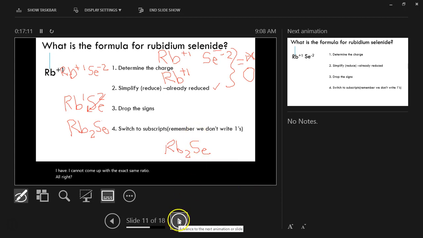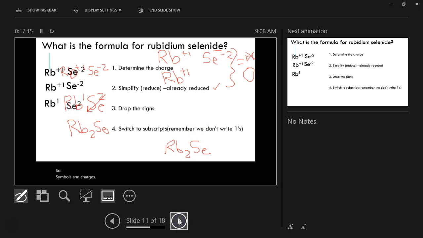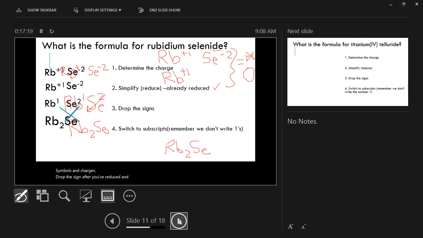So symbols and charges, drop the sign after you've reduced, and switch to subscripts. Mind you, there are other teachers that may tell you to do the reducing at the end. I'm just a little lazy, then you have to rewrite stuff one more time. So I reduce up at the top, then I don't have to worry about reducing later.